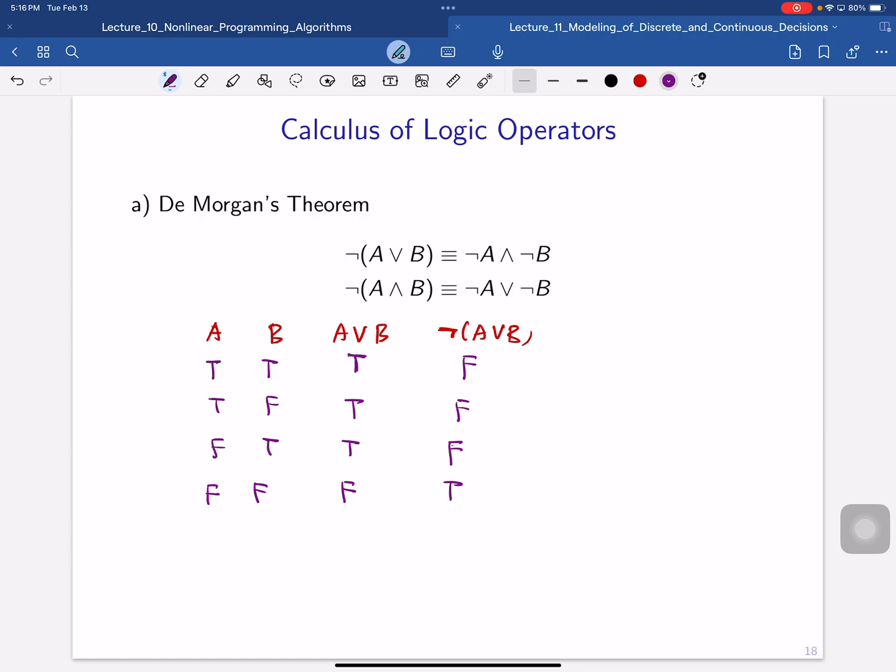And now if you think about the right-hand side, it is the negation of A and the negation of B. First let's do not A and not B. And this would be false, false, true, true, and then this is false, true.